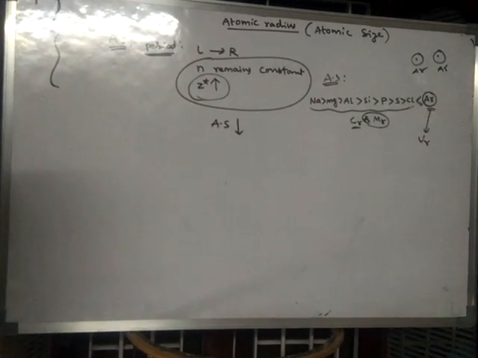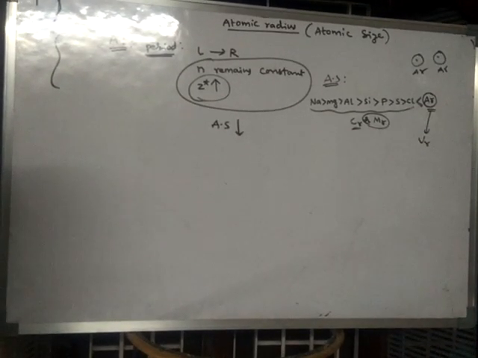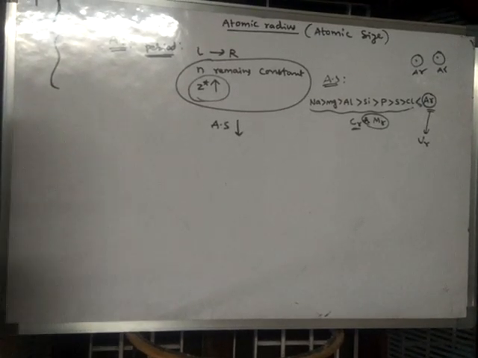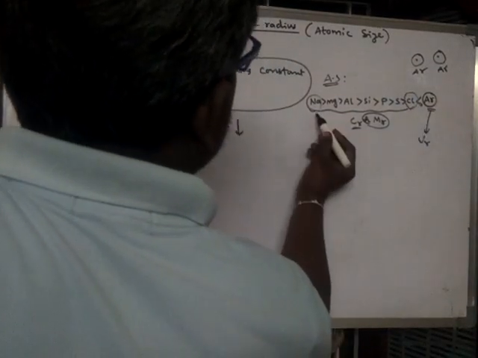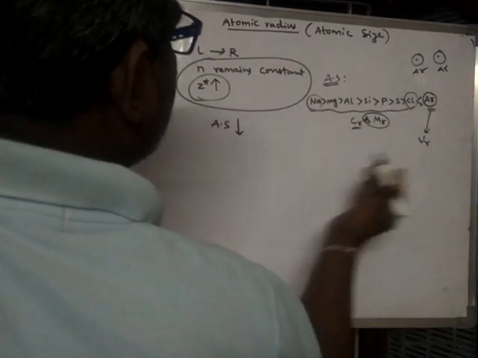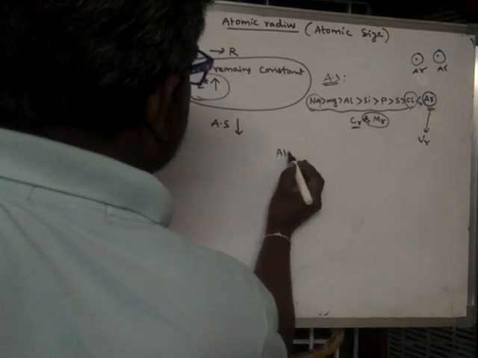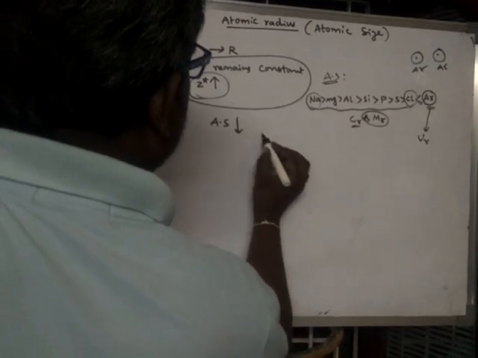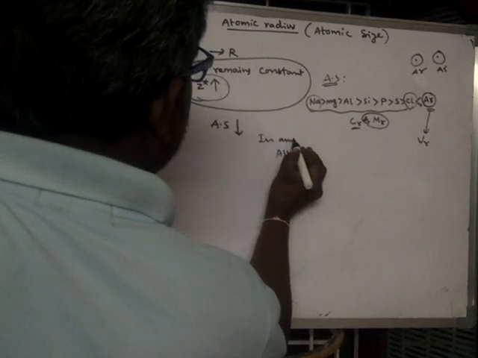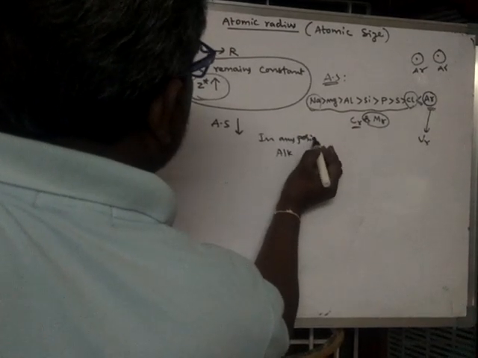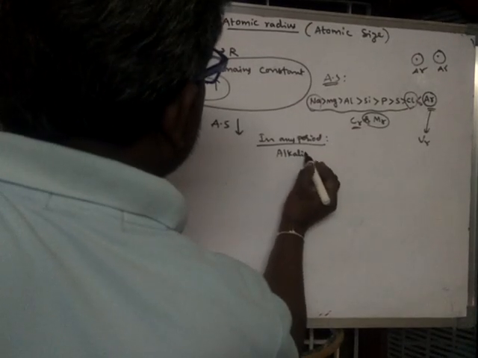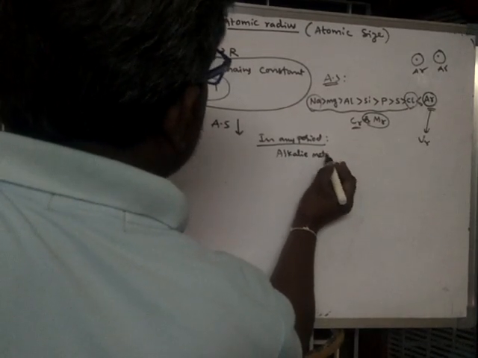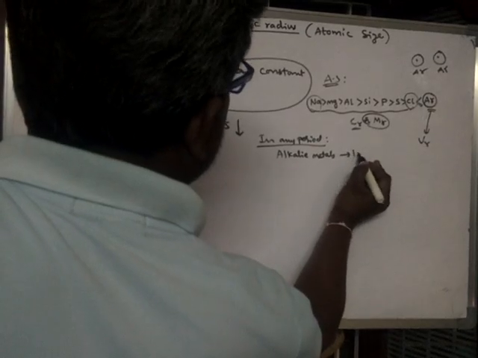Now let us see. This is an alkali metal and this is a halogen, so we can generalize like this: alkali metals in any period have the largest size.